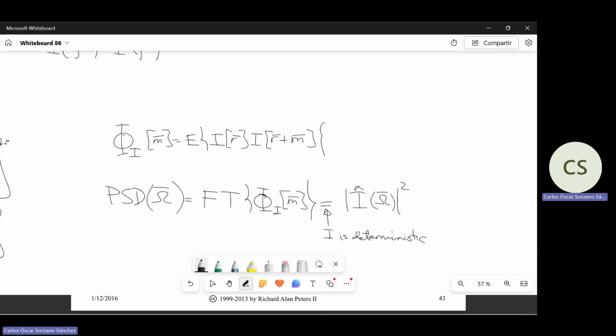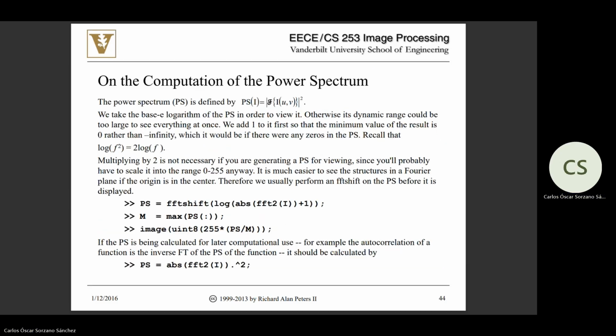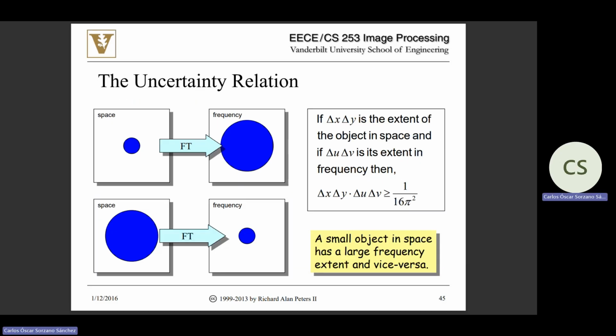But if there is noise, this is the correct way. So first you compute the autocorrelation function, and then you compute the power spectrum density. Okay, so what we have here is the definition of the power spectrum density for deterministic images. Then how to compute that in MATLAB.